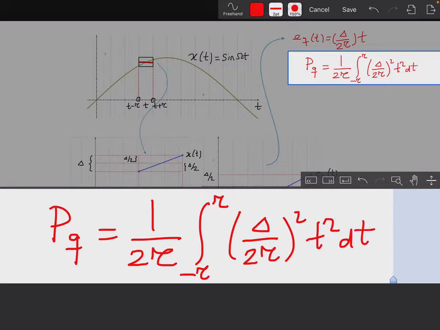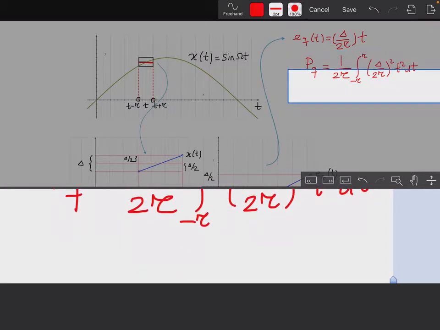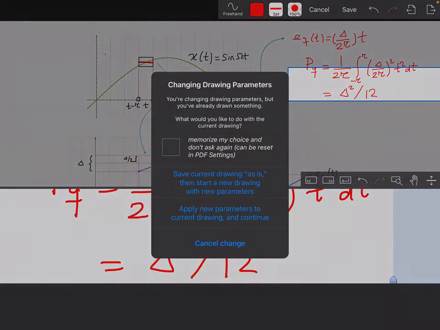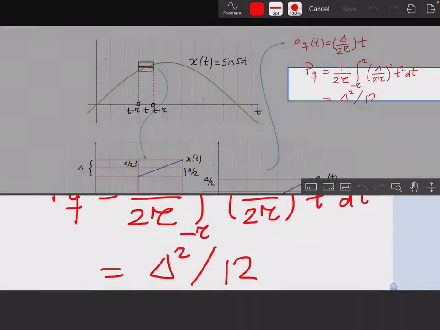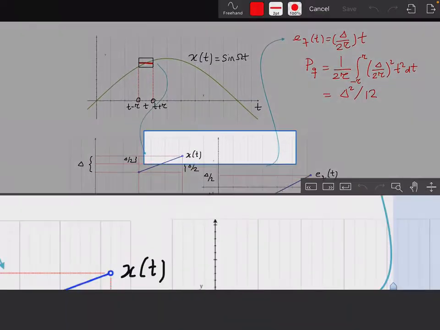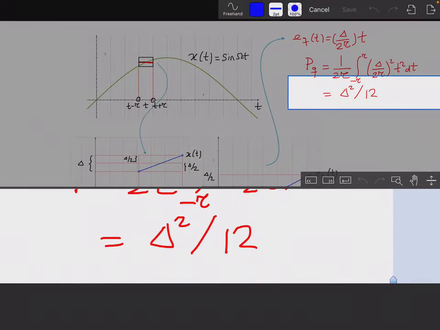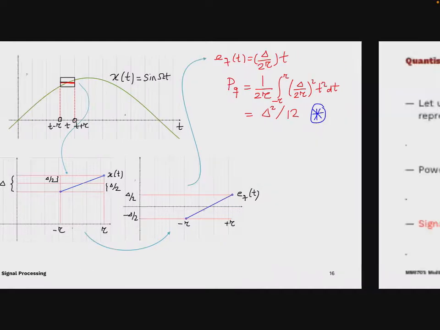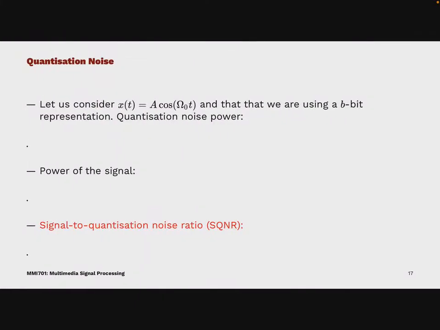That's the power of our error, and that is equal to delta squared over 12. That's an important result, so I'm going to put a little star next to it. Okay, we're going to come back to that star.